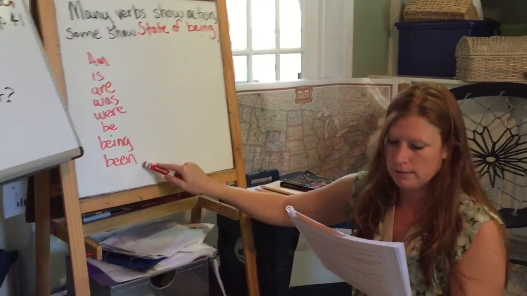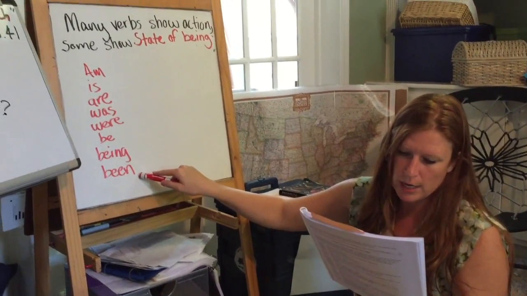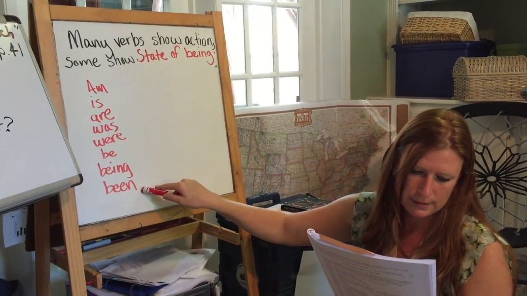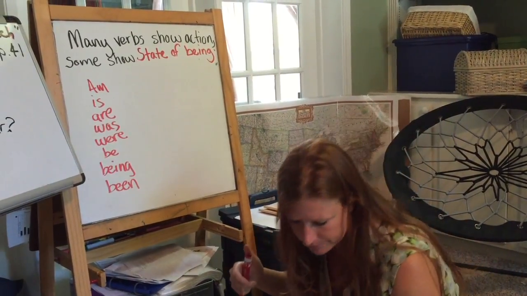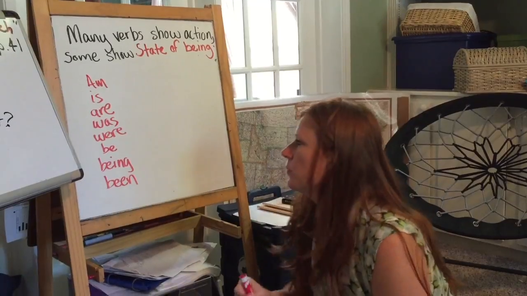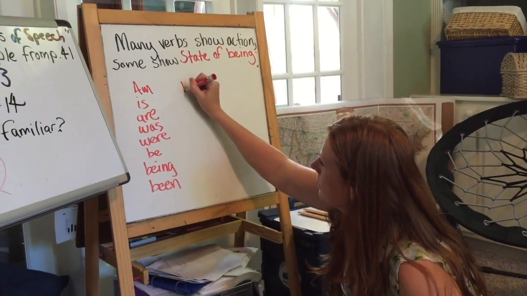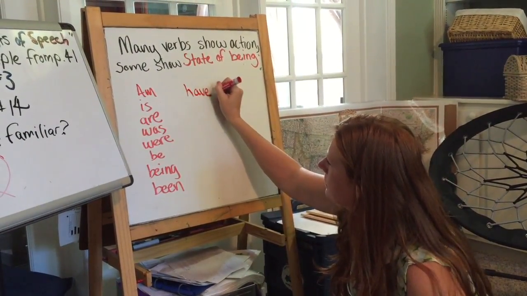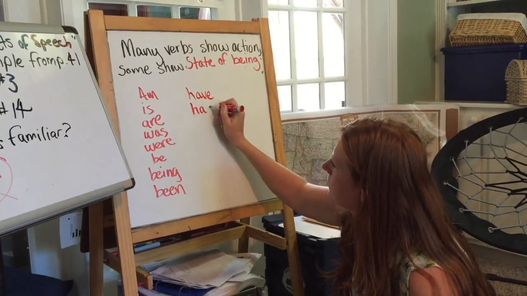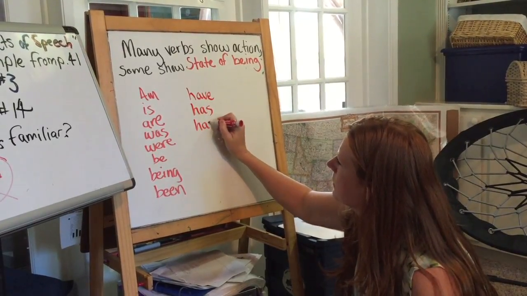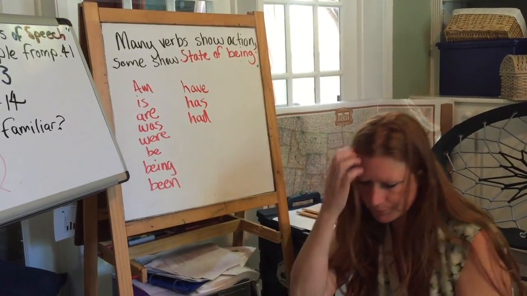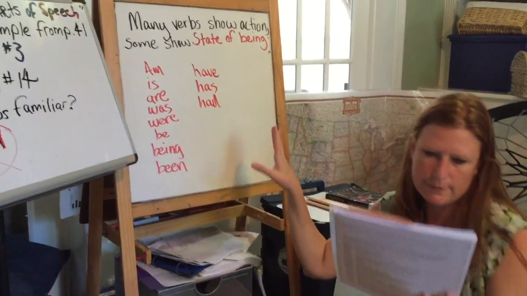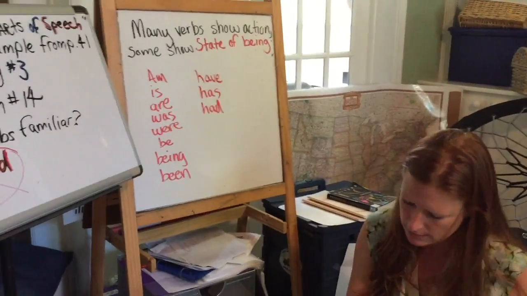Have been, shall have been, will have been, and then they also have, has, had as well. All right, well, so write this stuff down on your verb page.